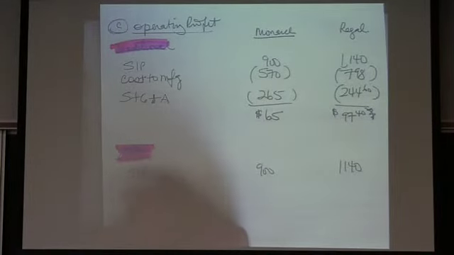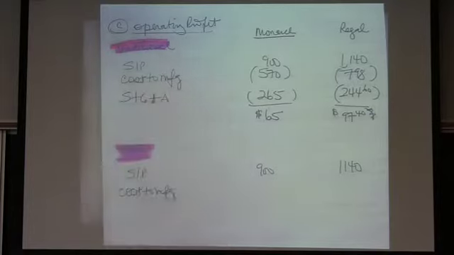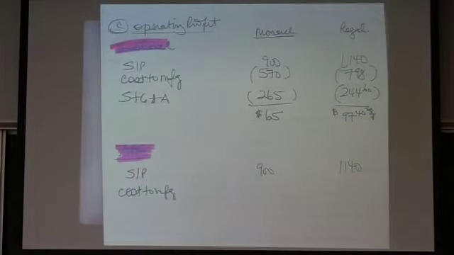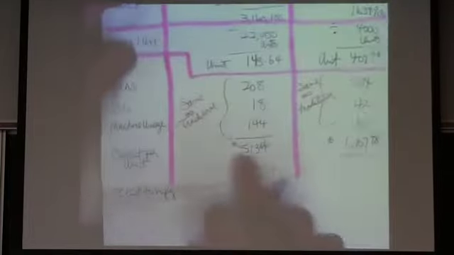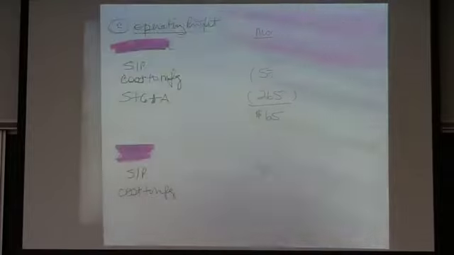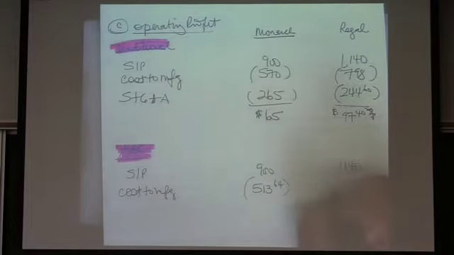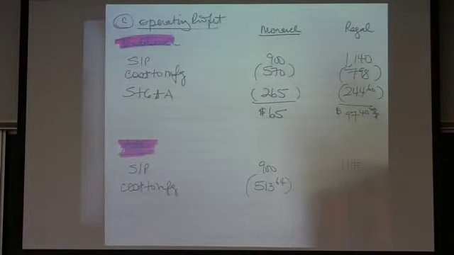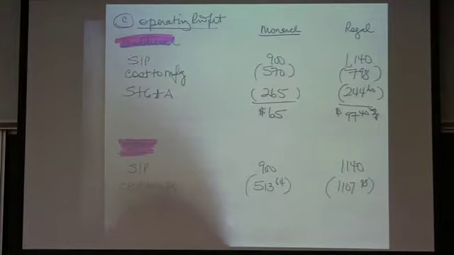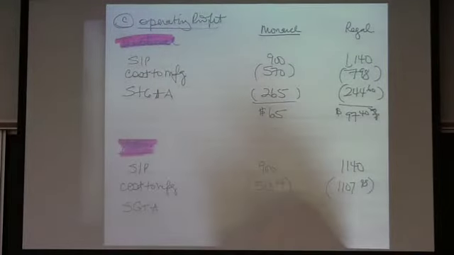Cost to manufacture is the ABC, and we saw that, right, to be 513.64 and 1,107.98. And SG&A should be the same.